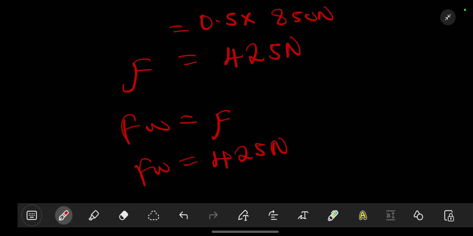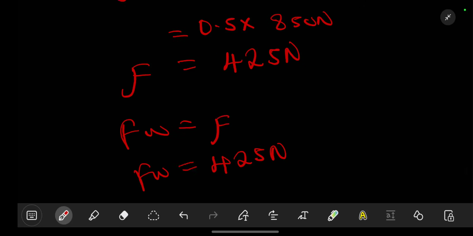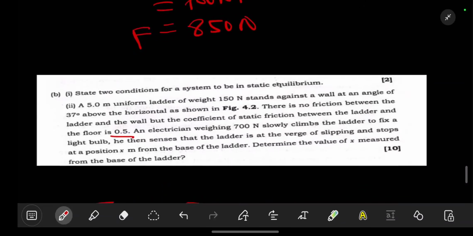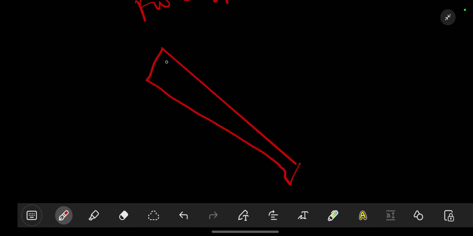So with this, we are now able to go to the next one, because to find the distance you have to account for the torques. So if you have something like this, then you want to account for the torque. After you are done with the forces, then you account for the torque. Now, the line that cuts the normal force passes through the pivot.